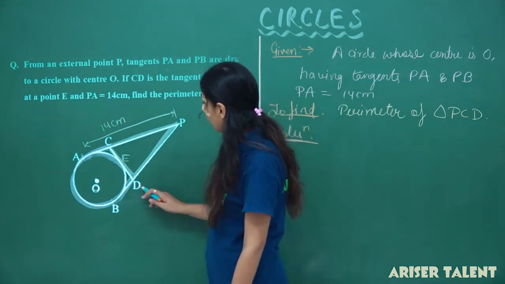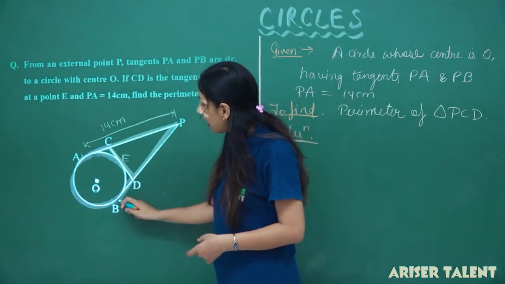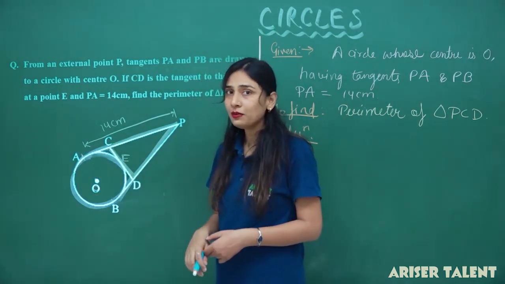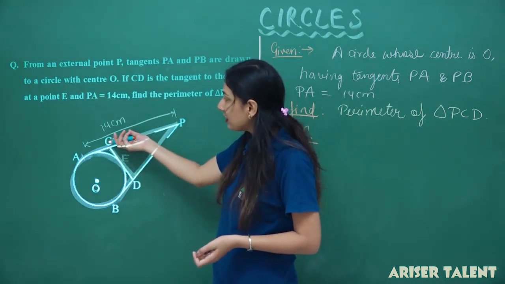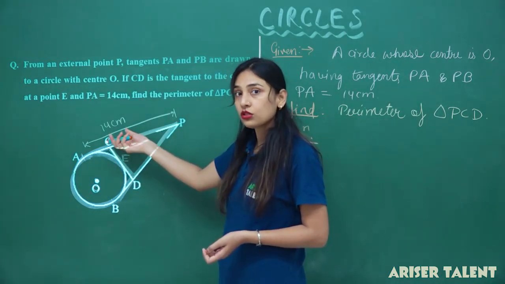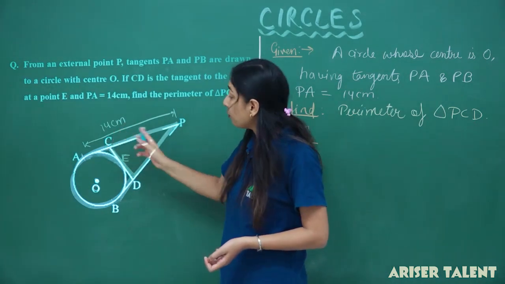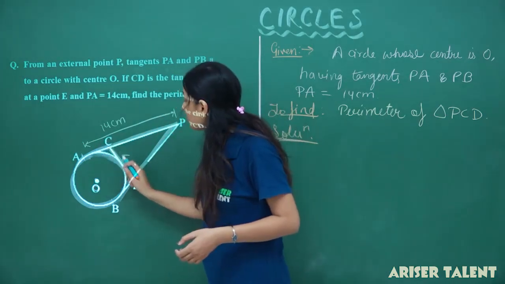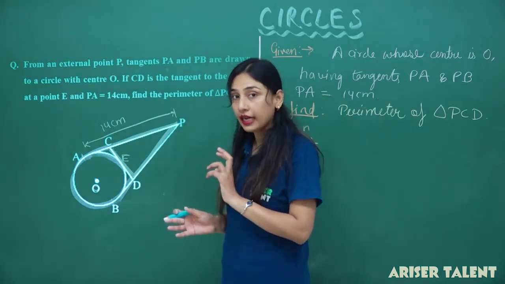So I have the same application there, that this part will be equal to this part and this part will be equal to this part. You may ask, ma'am, why are you doing all this? Because I am provided with this length only. Somehow I need to use this length and find the perimeter of this triangle. So I need some relation between these lines, and then I will coordinate between them, right students?